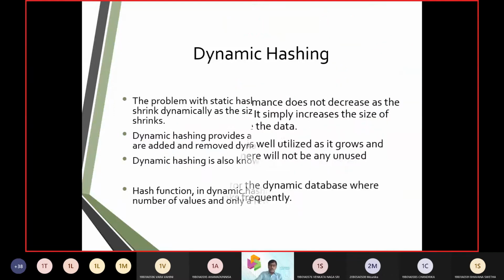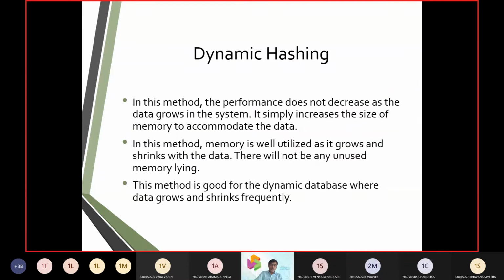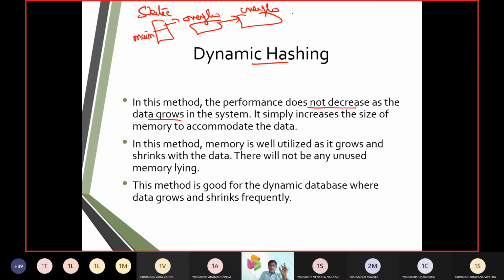So that is the advantage of dynamic hashing. Another advantage is that the performance does not decrease as the data grows. Earlier, in static hashing, we made a main bucket, then we made overflow buckets, and in this way the chain keeps growing.